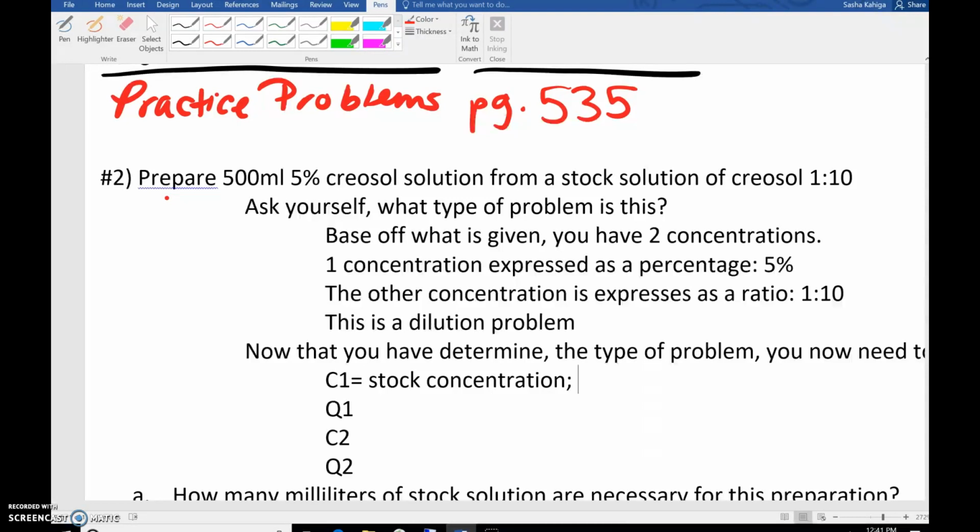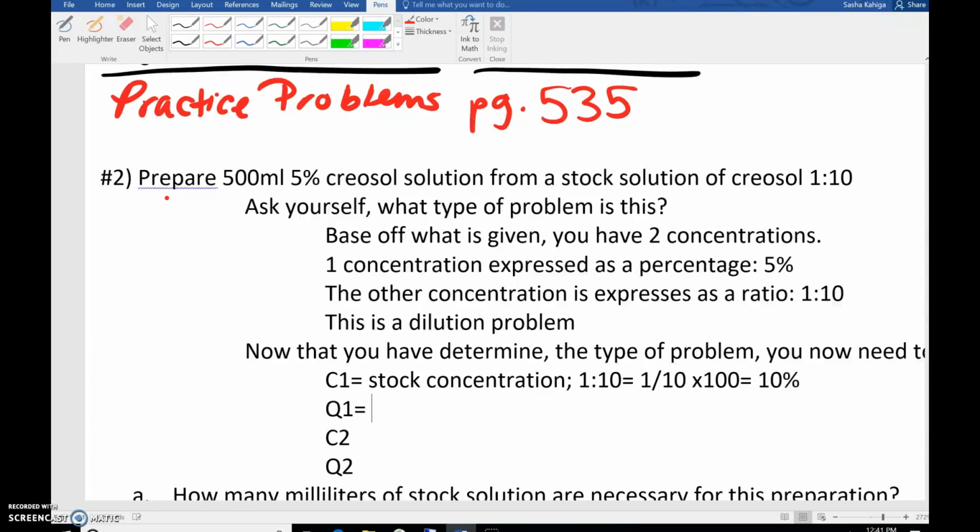The problem tells you your stock solution is 1 to 10, so that means the 1 to 10 is your concentration. But remember, you have to work with whole numbers. So you have to change that 1 to 10 to a percentage by taking 1 over 10, changing the ratio to a fraction, and multiplying that fraction by 100. So that means that 1 to 10 ratio is 10%.